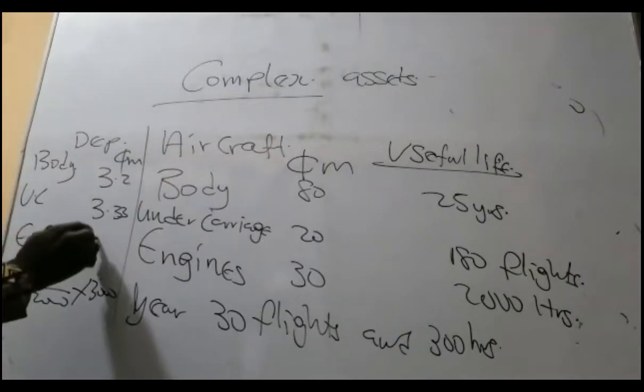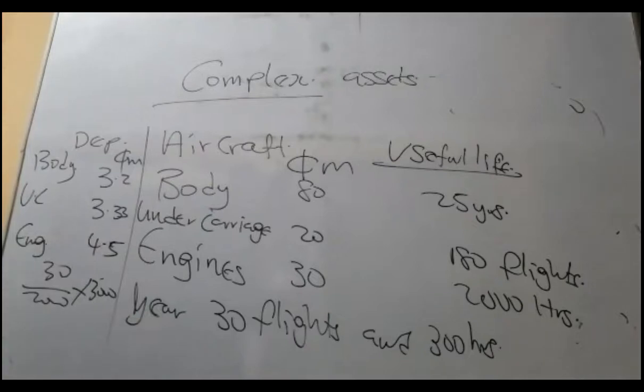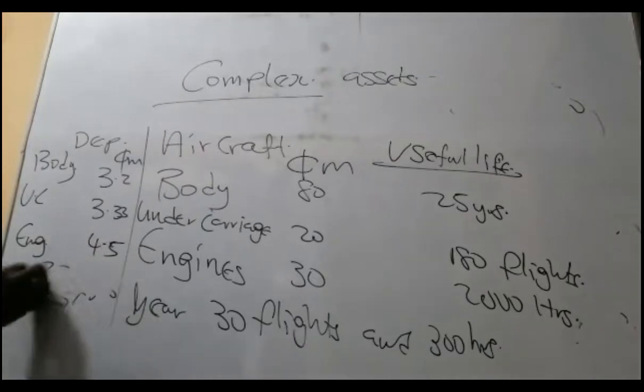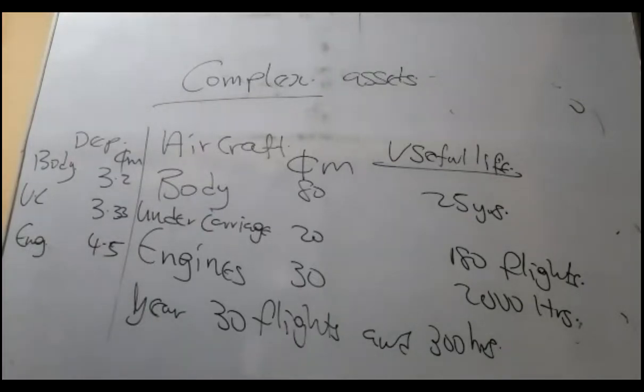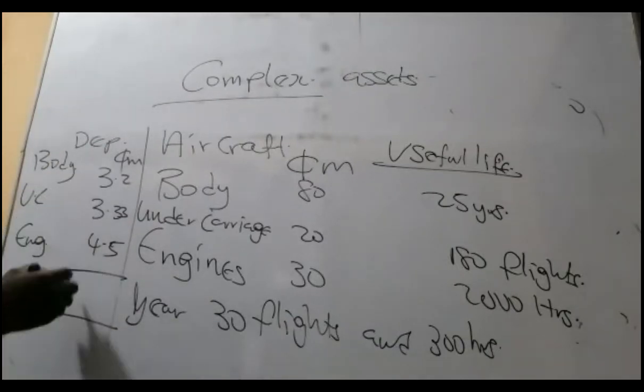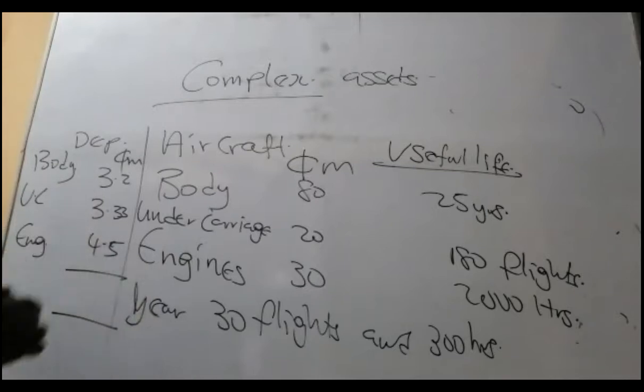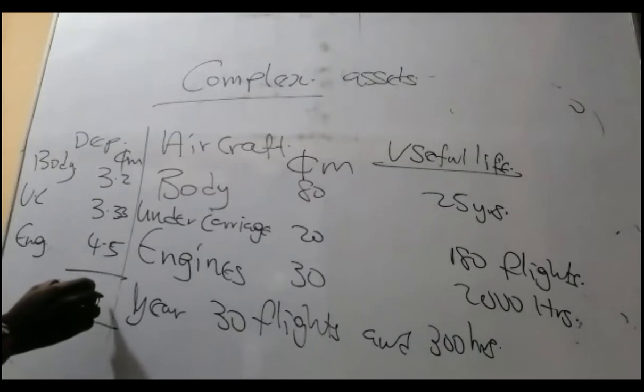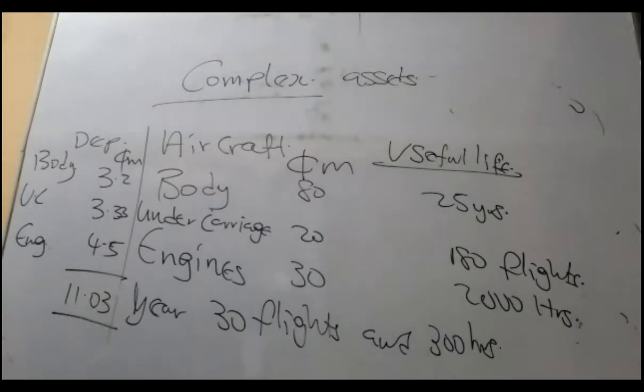That gives us 4.5, right? Good. So what's the total depreciation of these assets? The total depreciation will be 11.03 million, and that is the depreciation aggregated separately.